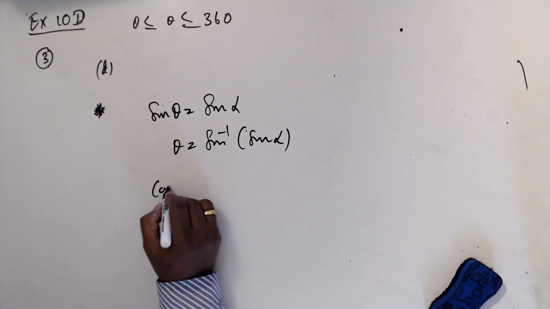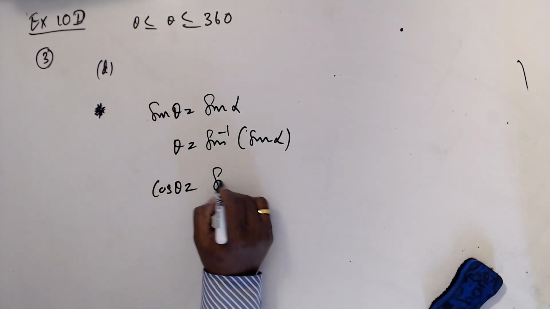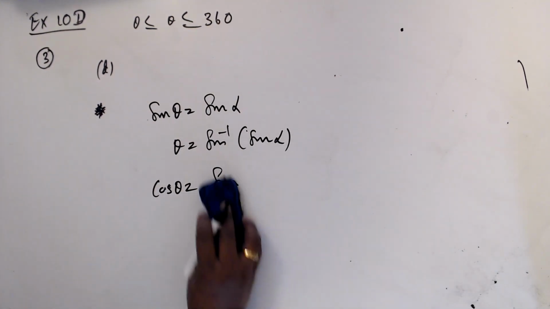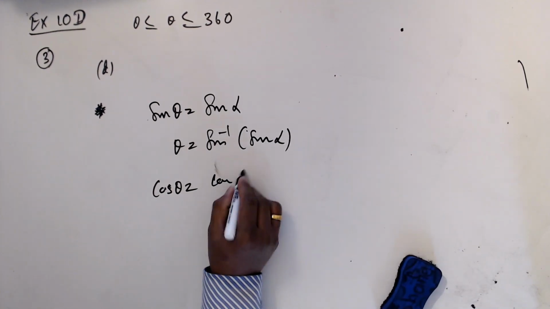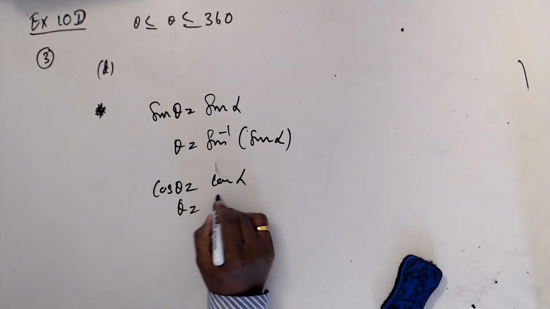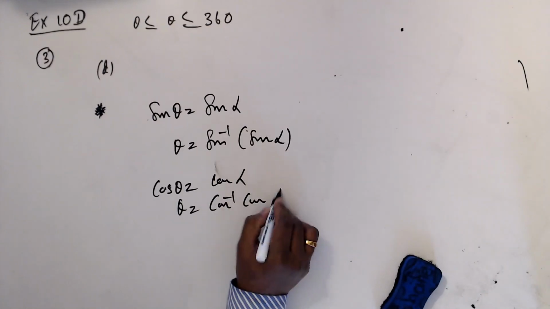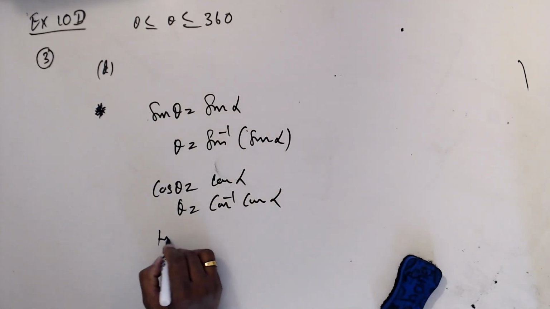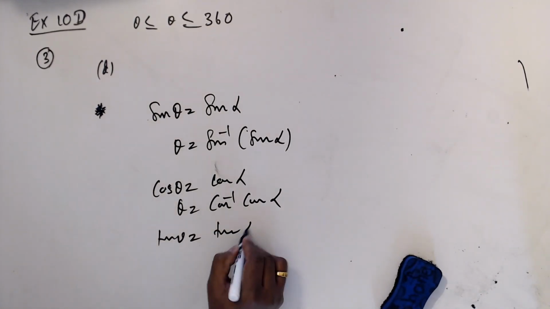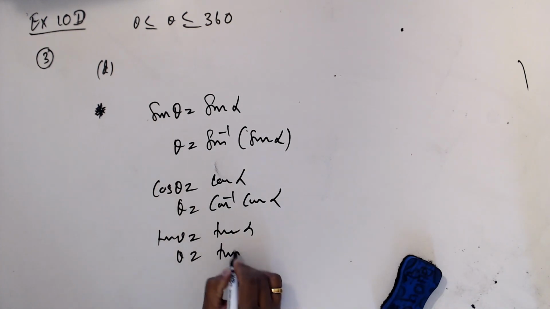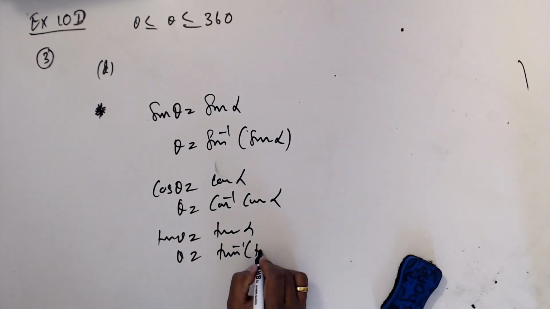If we have cos theta equal cos alpha, it could be the same as well. Theta equal cos inverse cos alpha. Tan theta equal tan alpha, theta equal tan inverse tan alpha.